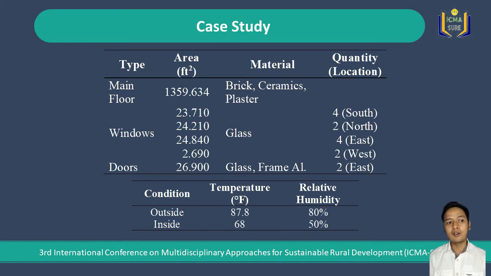At the main floor, the wall uses brick, ceramic, and plaster. After that, the windows use glass, and the doors use material of aluminum frame with glass.